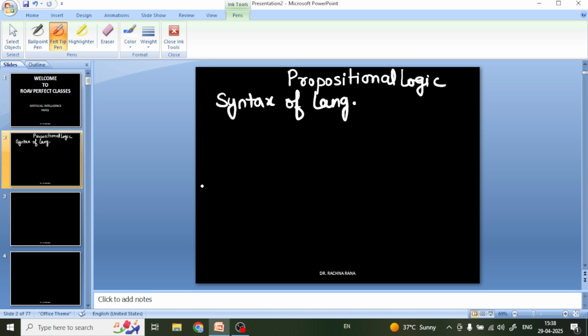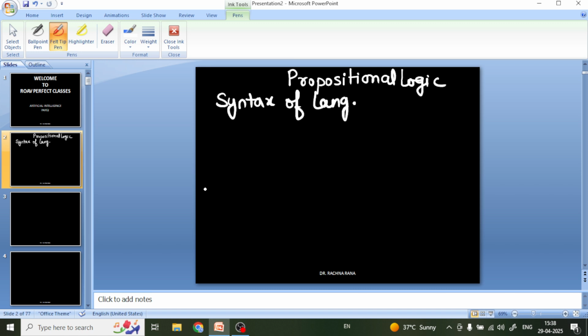In fact, the alphabet of any language consists of two parts. One is a logical part, and the other is the part talking about the domain essentially. In our case, since we are talking about propositional logic, the domain dependent part is basically a set of symbols which will stand for certain statements in the domain, and these symbols are atomic sentences.